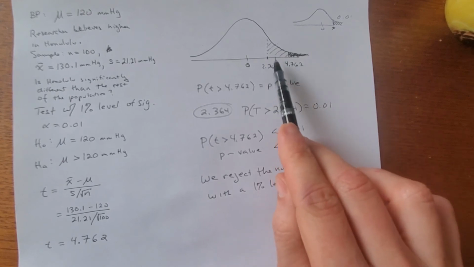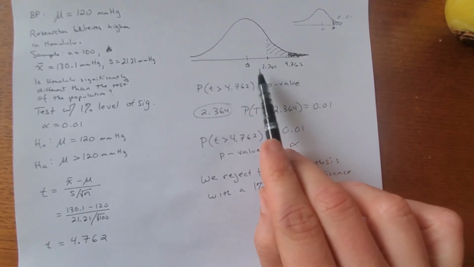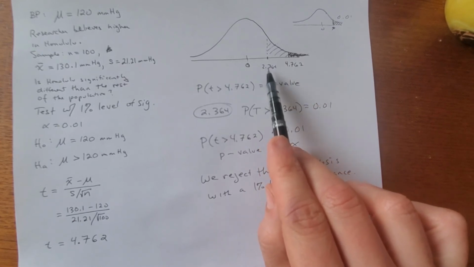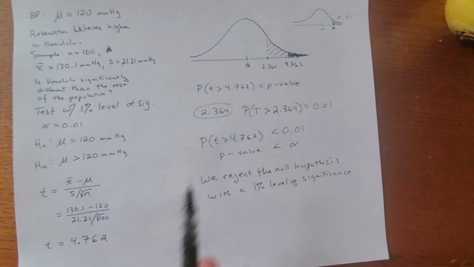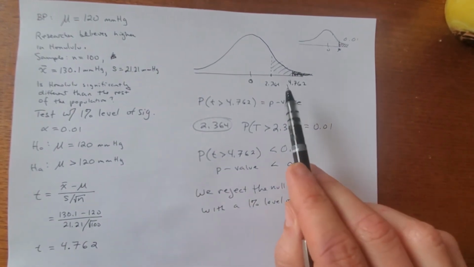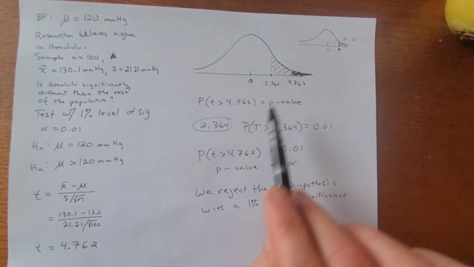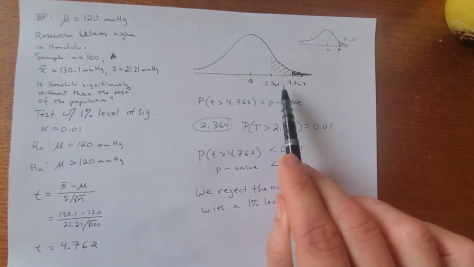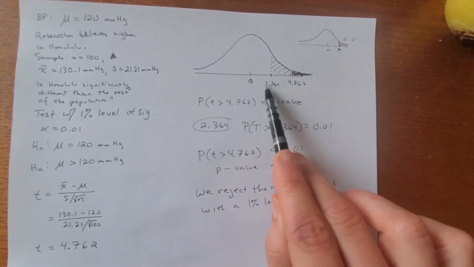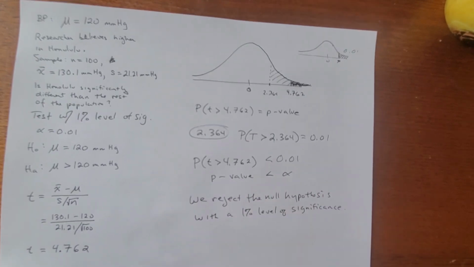I didn't worry about it because these values are so far different from each other, and that one little degree of freedom isn't going to change this number very much. If they were close to each other, I would have had to go to a better table or a calculator. But because this is more than twice as big as this one, I'm not concerned at all that so small a bit of approximation will affect the conclusion here.